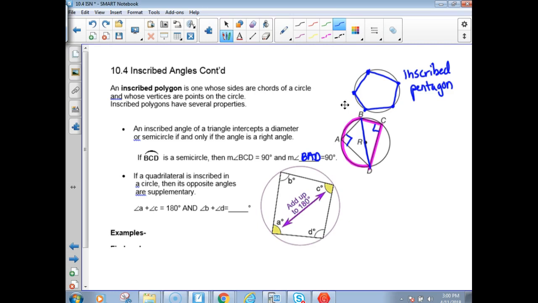Going the other way, angle BAD just intercepts the other half of the circle. So that's 180, and that angle had to be half of 180, which is 90.